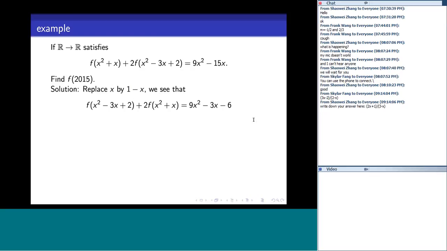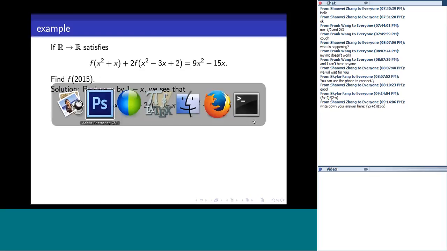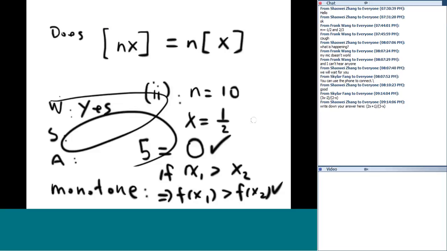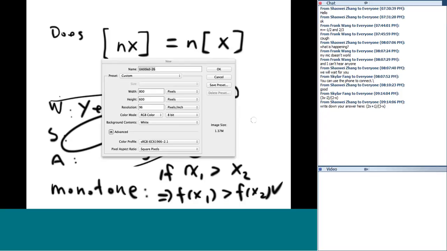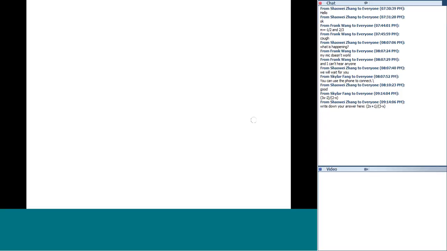Okay, the whole trick is you switch x by 1 minus x. Then you immediately get this. So x squared plus x and x squared minus 3x plus 2. And you switch x by 1 minus x. When you switch to 1 minus x, x squared plus x becomes x squared minus 2x plus 1 plus 1 minus x.